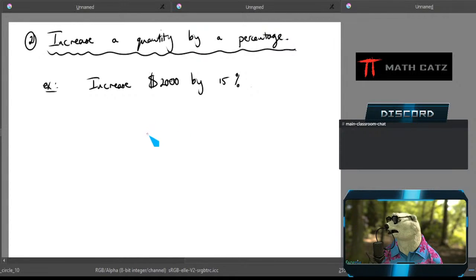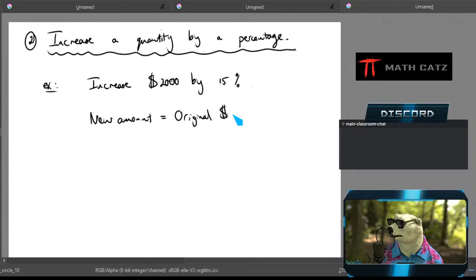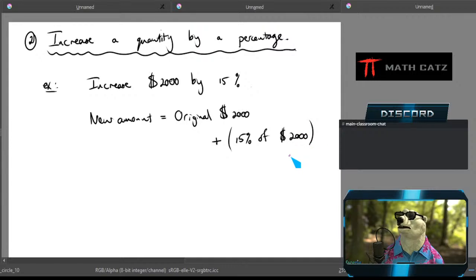When I break it down to a level that I have seen before, I have my new amount calculated as my original $2,000 plus, I'll put it in brackets, 15% of $2,000.